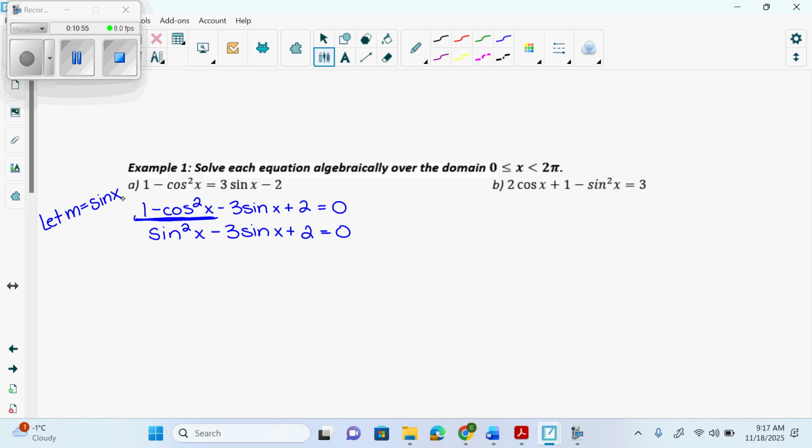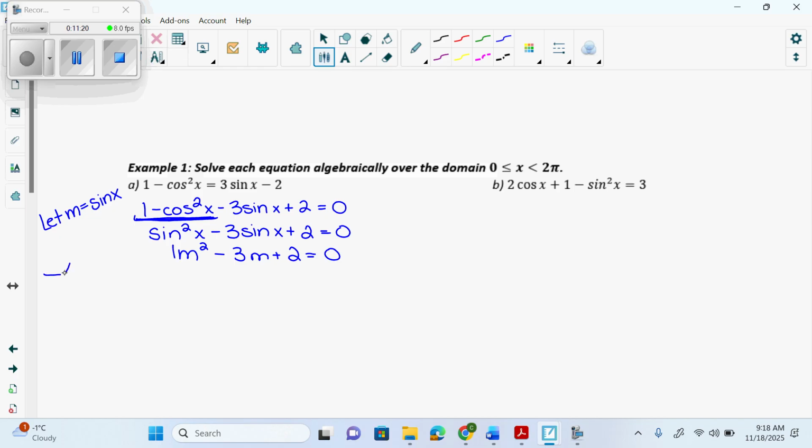So what does this become, this sine squared x? m squared minus 3m plus 2 equals 0. You see that? Then I can do what? Starts with an F. Factor. Product sum because I have a 1 in front.